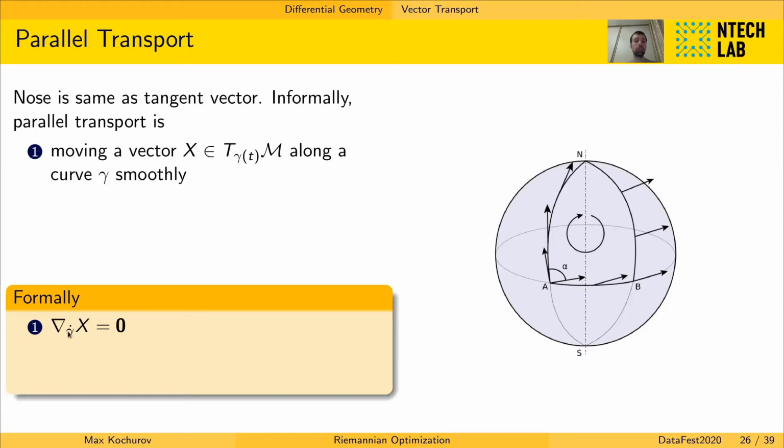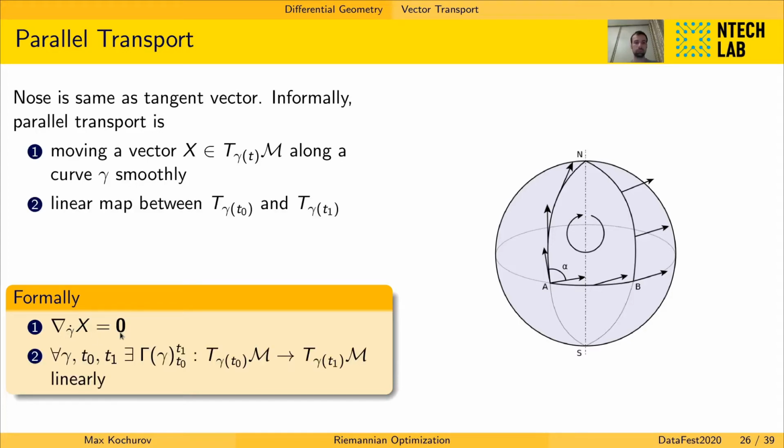But formally, the differential of a vector at each point in the direction of the movement is 0. It appears that this map of nose positions between points is linear. It looks weird formally.